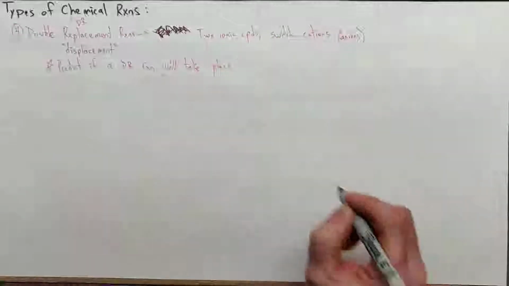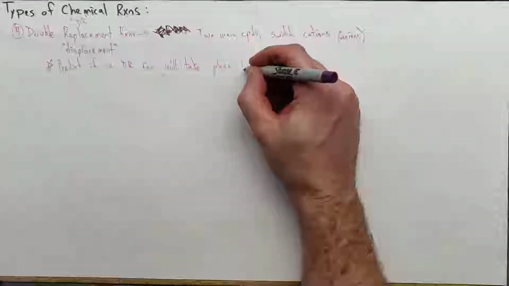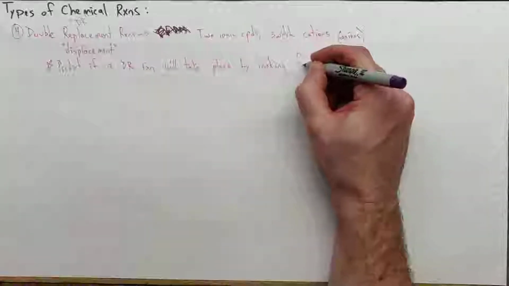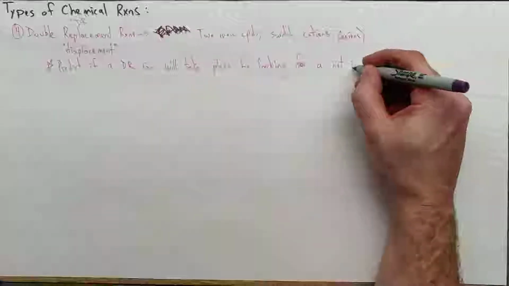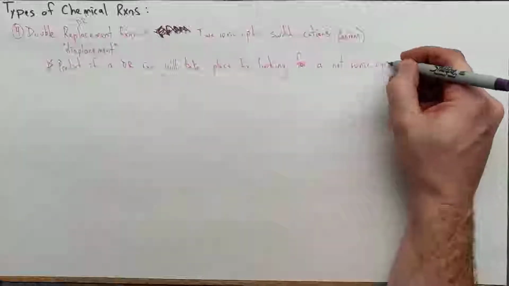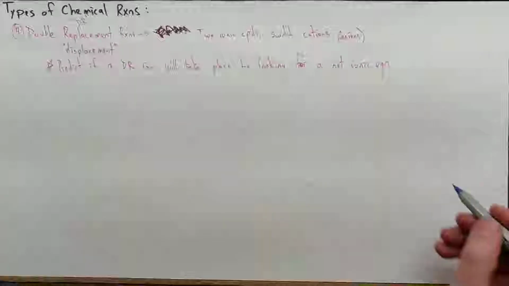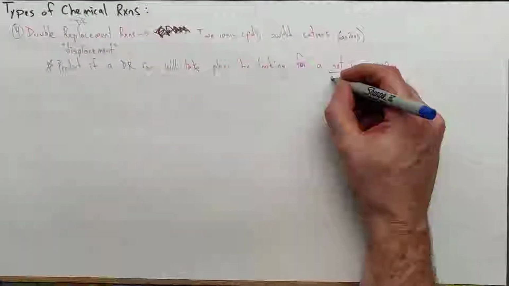And we're going to do that by looking for a net ionic equation, all right? All right, so the question is, what is a net ionic equation? And the maybe unsatisfactory answer is that the net ionic equation is what actually happens, right? The net ionic equation is the actual reaction.